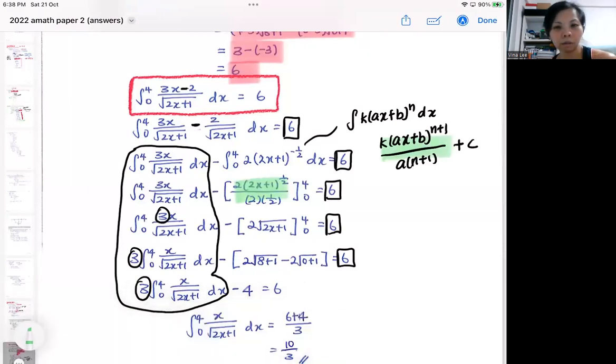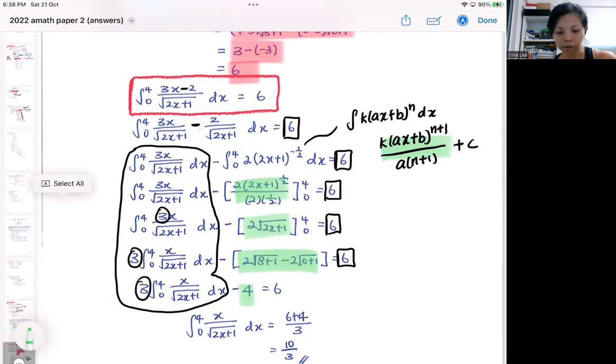Okay, so that's another one where some students will make careless mistakes. When you do your integration, before you do the top minus bottom, it's recommended that you simplify first. Because when you simplify already, doing the top minus bottom is so much easier, and you don't subject yourself to too many careless mistakes.